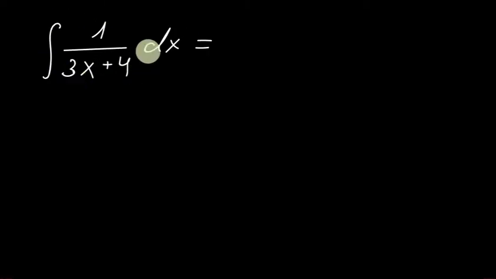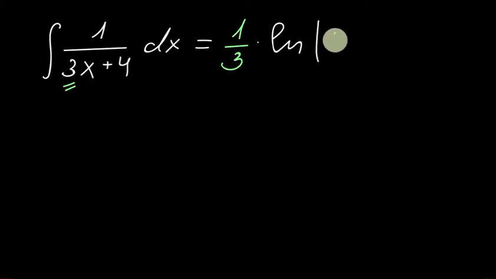If you have a constant multiplied to an x, you can't simply take it before an integral, you need to write that it's 1 over 3, and now you can simply look at this as one variable. So 1 over x would be natural log of x, so now it's natural log of 3x plus 4 plus our constant. Don't forget that this is an absolute value.